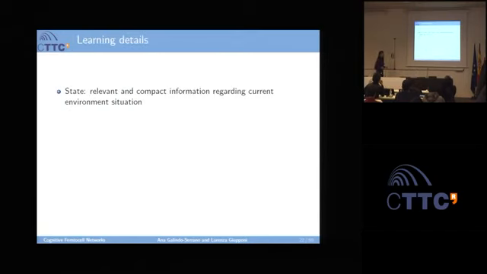So what's the state? When we want to define the state of the environment, we have to include relevant and compact information, so it has to be important information regarding the environment we want to model. If we want to control interference, we need to model it somehow or have some information about it.